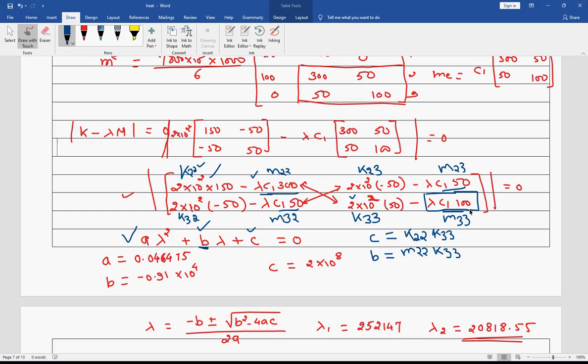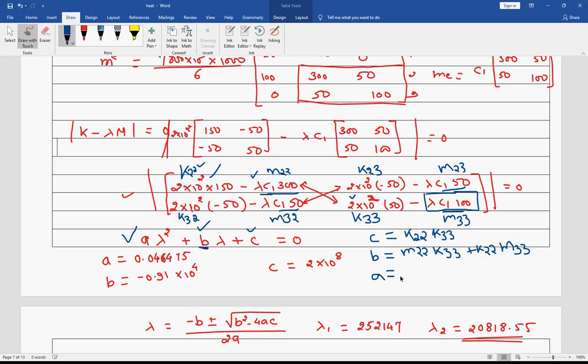It is lambda, so again it is contributing to B. Therefore plus K22 into M33. So this is contributing to B, and finally I have M22 into M33, and that is contributing to my A.